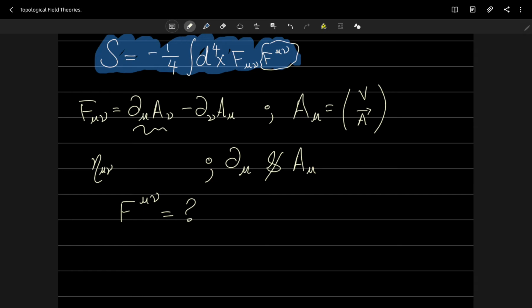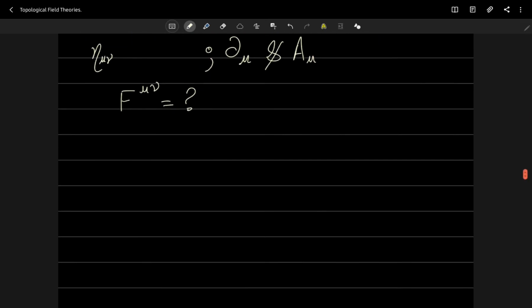Well, it turns out that your F mu nu, the contravariant one, is eta mu lambda times eta nu beta times F lambda beta, so the covariant one.